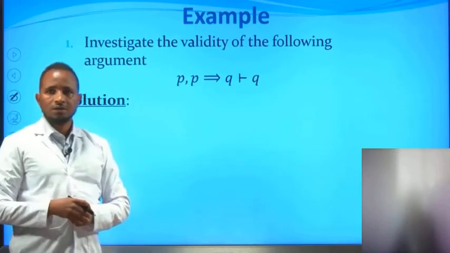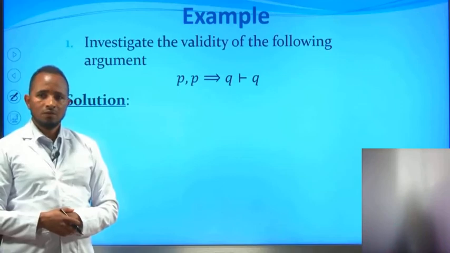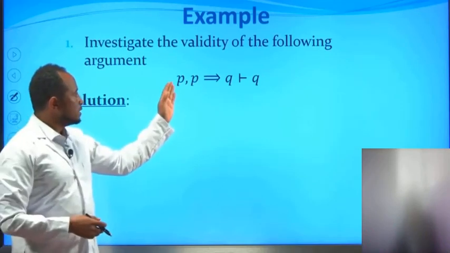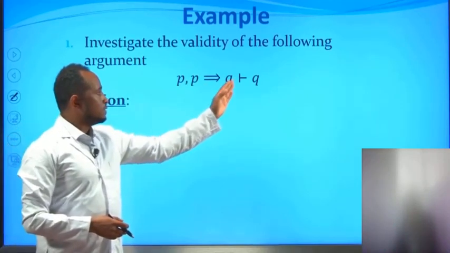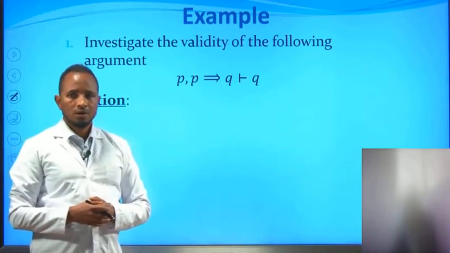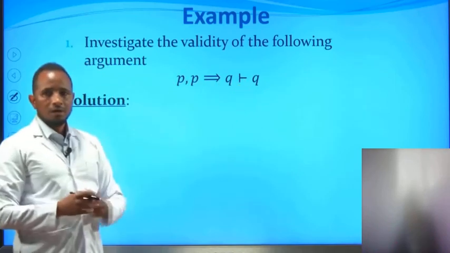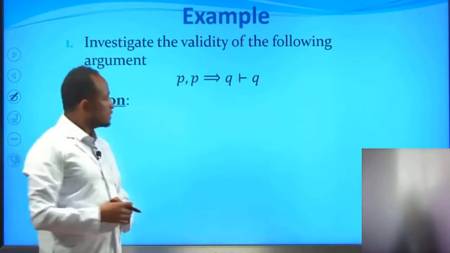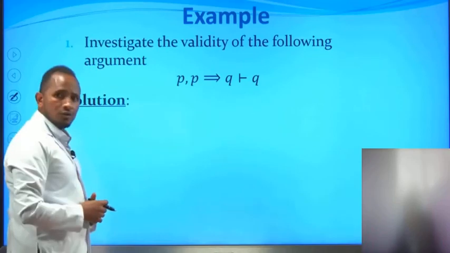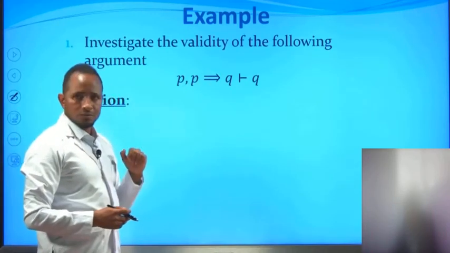So let's see an example. Here it says, investigate the validity of the following argument: P, P implies Q, and the conclusion is Q. To check whether this argument is valid or not, you assume all the premises are true.